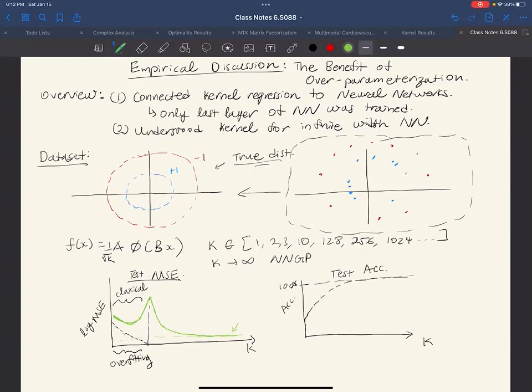But the test accuracy also remarkably stays close here. There's a slight increase, but generally it starts to go down. And the general point is that the larger the model you use, the better you actually generalize.